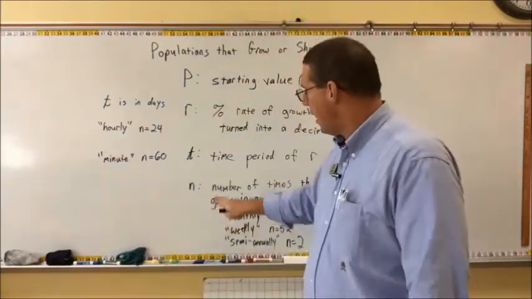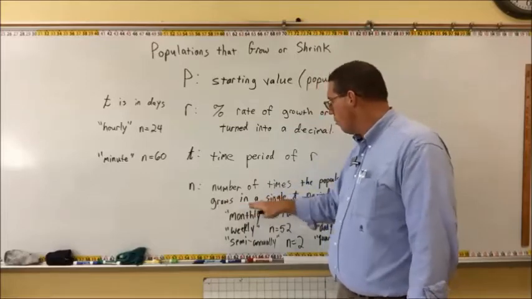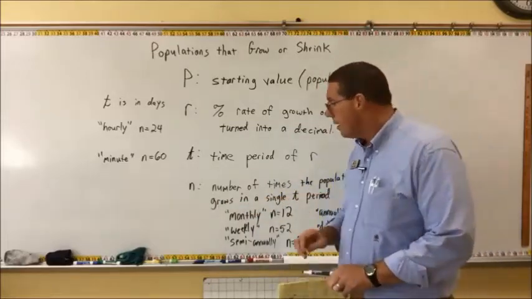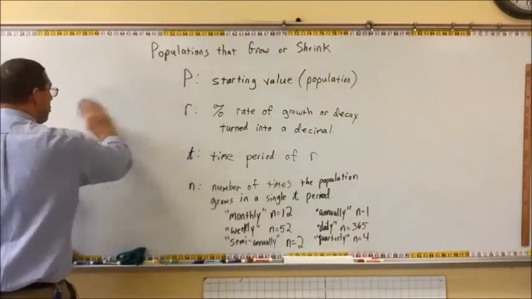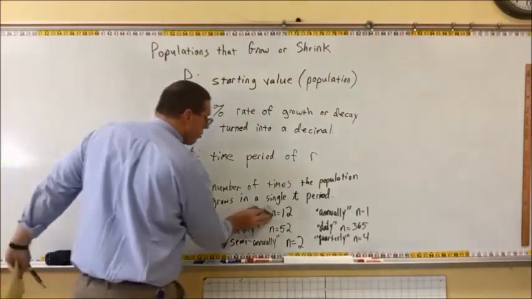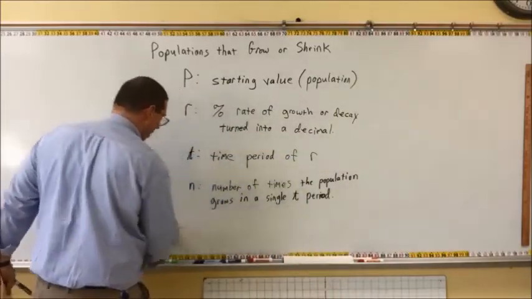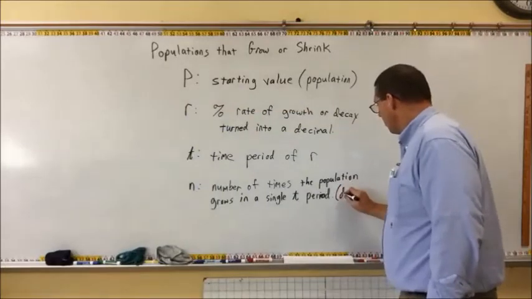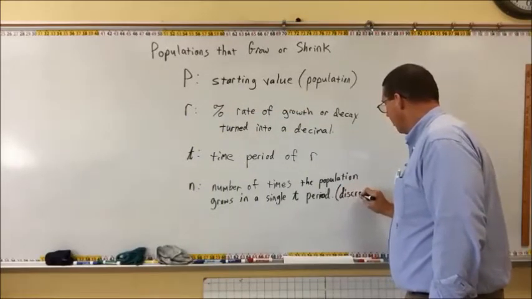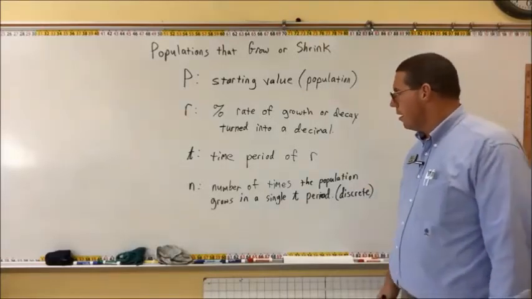So that's what this N means. It's the number of times that the population grows in a single time period. Now, you are only going to see this N variable when you are dealing in what's called discrete growth. And I haven't explained that yet, but I will in a few minutes.